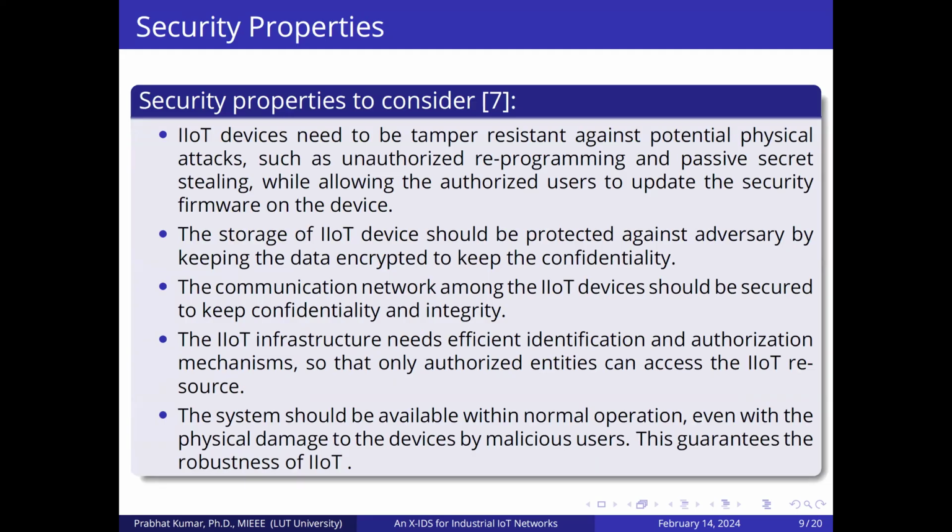But now, as I mentioned, we are going to see intrusion detection systems in the industrial Internet of Things, so it is about cybersecurity. When I talk about cybersecurity, the first thing that comes to my mind is the CIA triad: confidentiality, integrity, and availability.